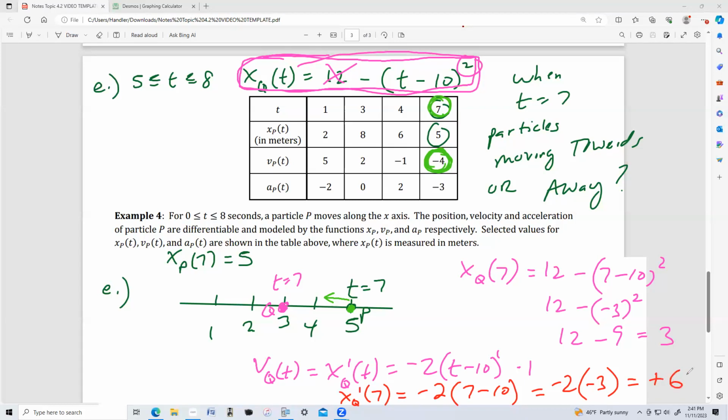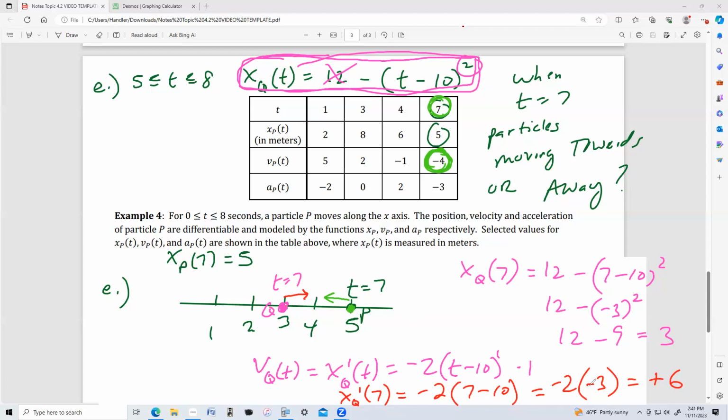I don't really care about the 6, but I care immensely about the positive, because positive velocity means it's moving to the right. So particle Q is moving to the right. So since particle Q is at 3 moving right and particle P is at 5 moving left, they are indeed moving towards each other at that time.